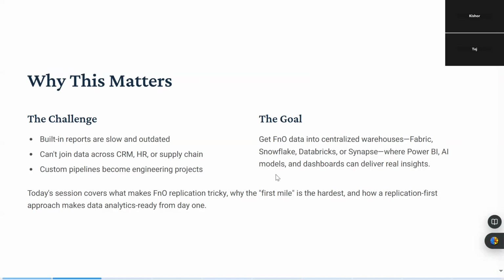So the real goal becomes getting finance and operations data into a centralized warehouse. It might be Fabric, Snowflake, Databricks, or even Azure Synapse, where Power BI, AI models, and business dashboards can come alive.